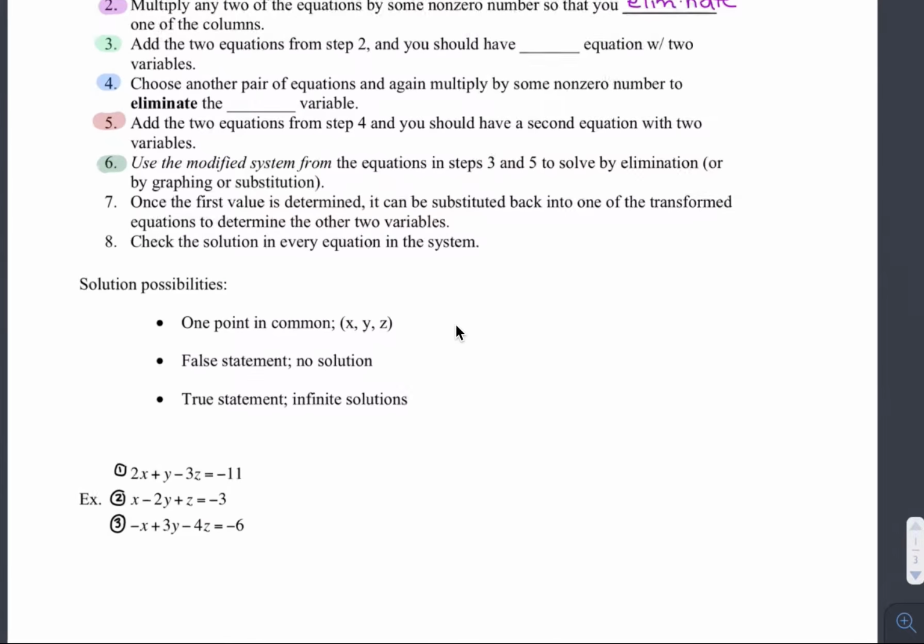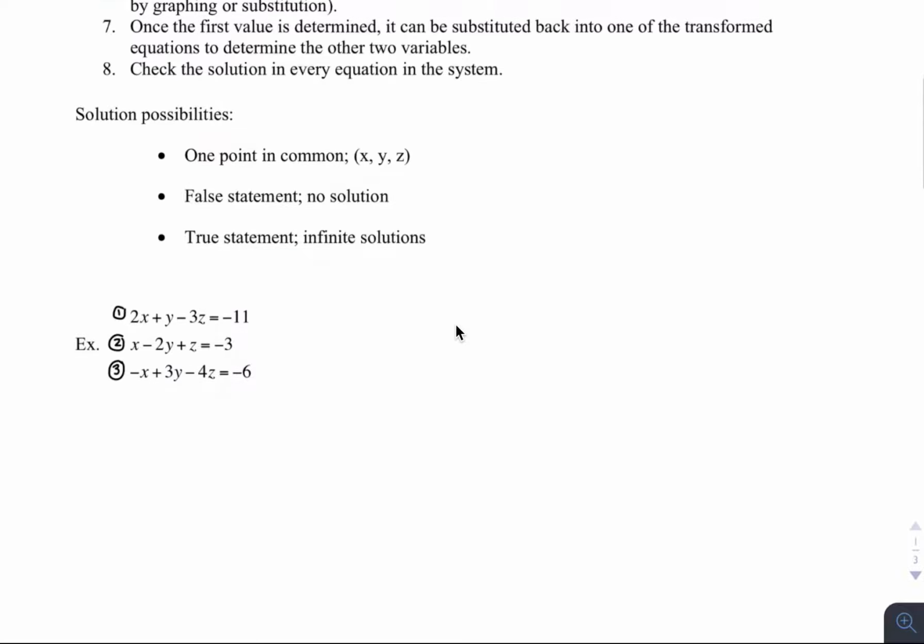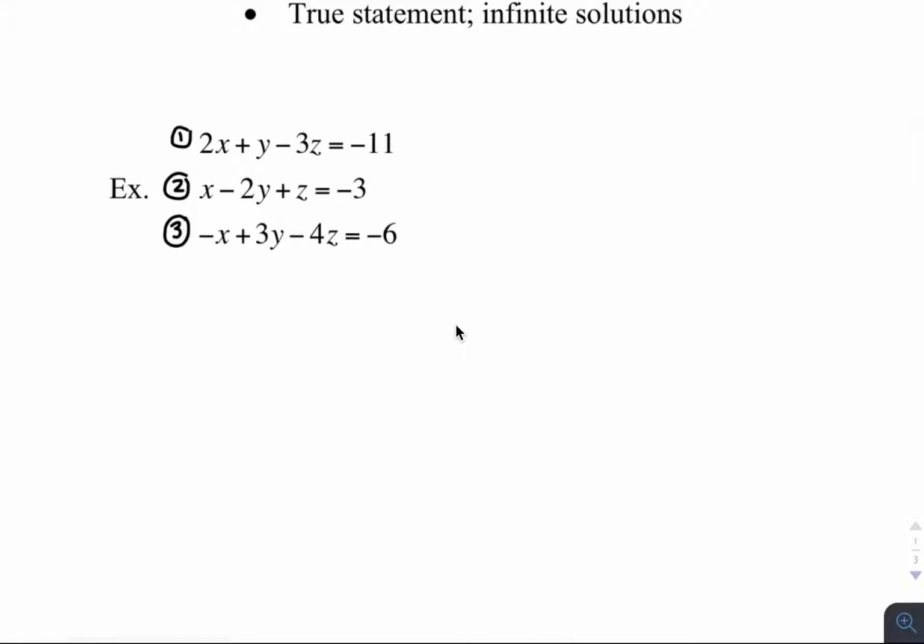So step 2, we're going to choose any two equations. So let's just do 1 and 2. Equation 1 is 2x plus y minus 3z equals negative 11. And then equation 2 is x minus 2y plus z equals negative 3.